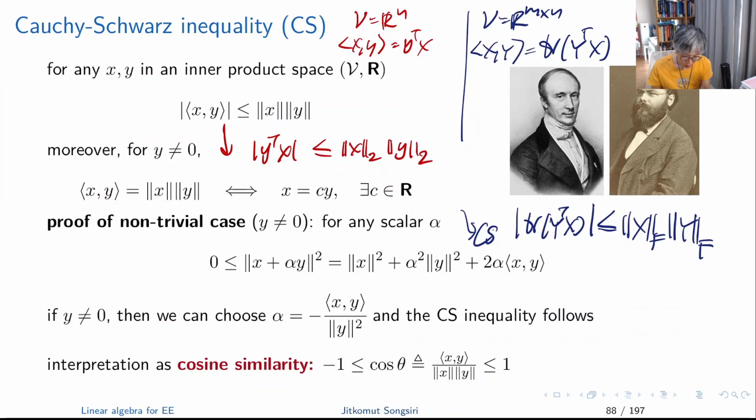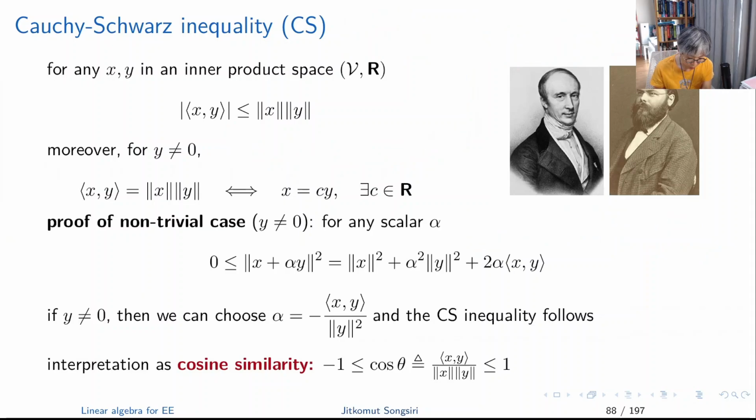The proof of the Cauchy-Schwarz inequality is the following. We can start with the norm of x plus alpha y, where alpha is any scalar number and x and y are two vectors. We know that the norm of any vector is always non-negative.